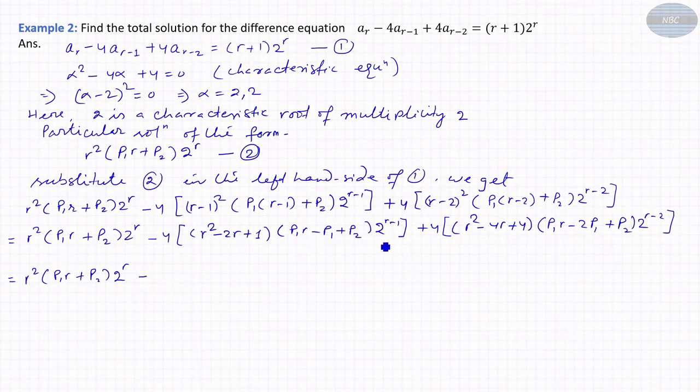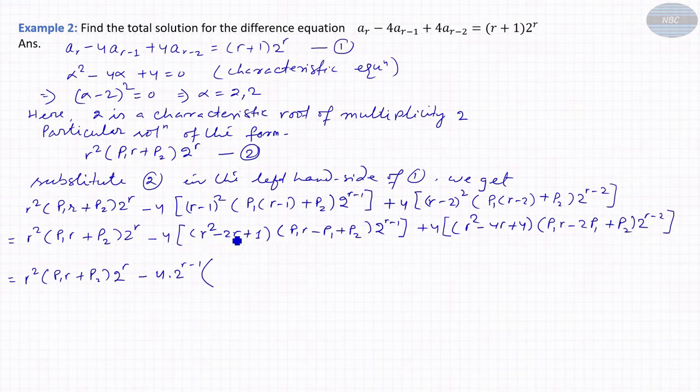Now let us bring back here this 2 to the power r minus 1, which is multiplied with this term 4, so it is 4 into 2 to the power r minus 1. Okay, now multiply these terms.